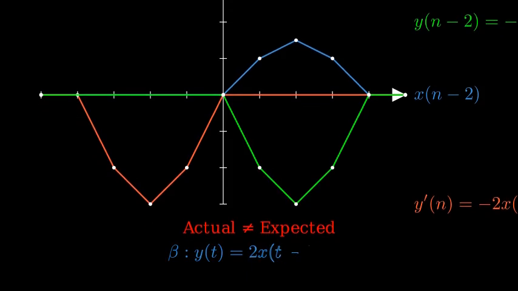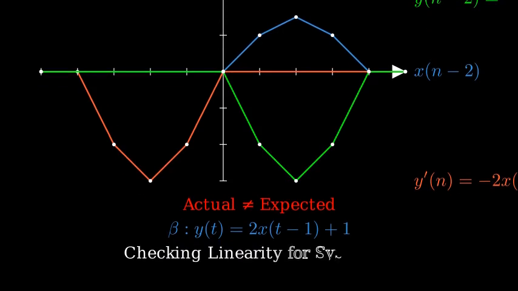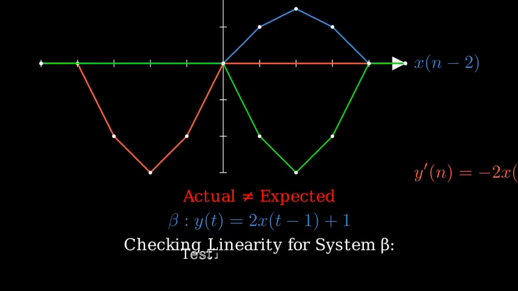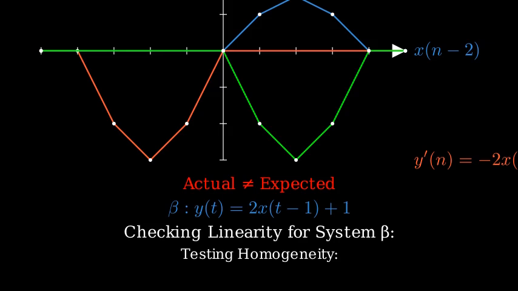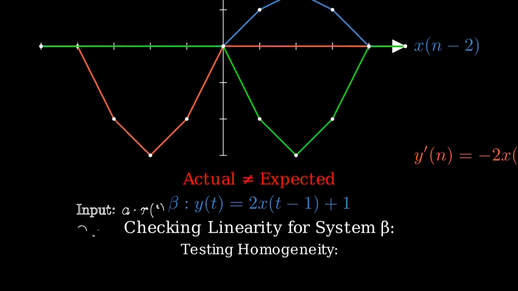Now let's analyze system beta, y of t equals 2 times x of t minus 1 plus 1. First, let's check if this system is linear. For homogeneity, if the input is scaled by a constant a, the output becomes 2 times a times x of t minus 1 plus 1, which is not equal to a times the original output due to the constant term plus 1. Let's calculate this.